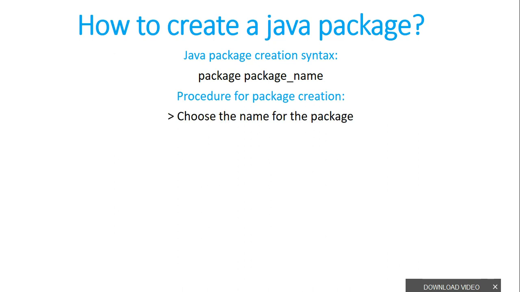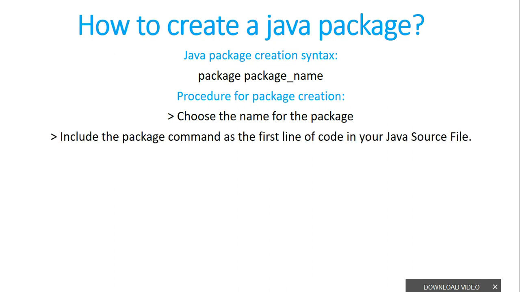Right, procedure for package creation. Choose the name for the package. Now we know how to name a package. Lower case is encouraged. Then include the package command as the first line of code in your Java source file. Previously we looked at Java program structure and said documentation is the first section.